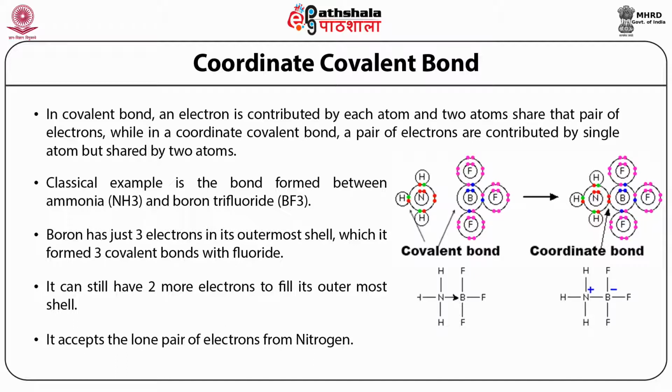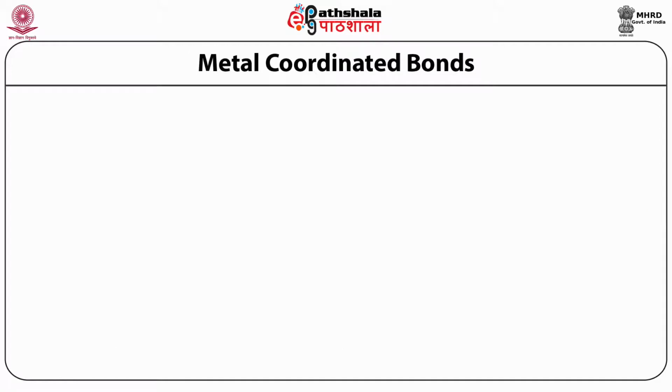Ammonia acts like a base, and boron trifluoride here acts like a mild acid, so it accepts the lone pair of electrons from the nitrogen, and they both share. In proteins, coordinate covalent bonds are generally seen in metal coordinated bonds.